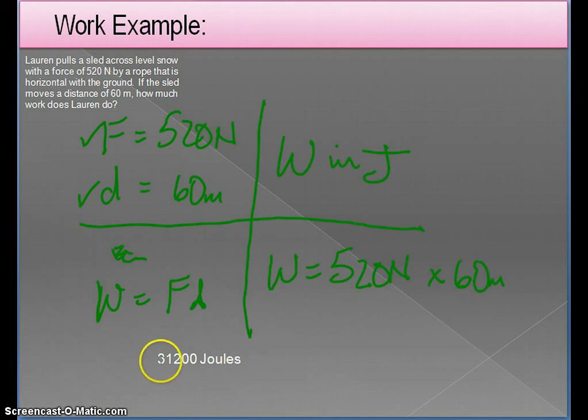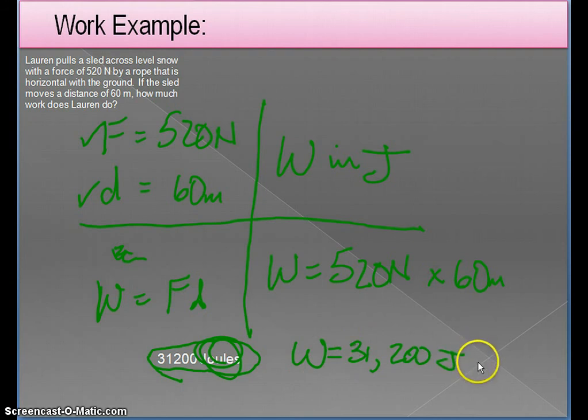I should have pointed out the answer has been down here the whole time. So if you've got 31,200 joules, then you got it right. And pay attention to your unit right here. Your work, not the watts, your work is 31,200 joules. Power is in watts.